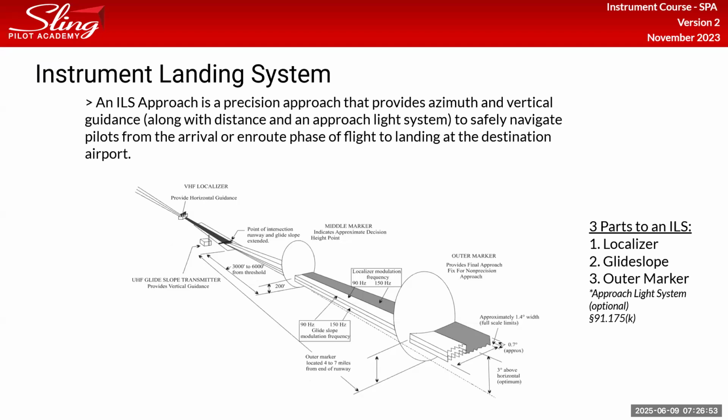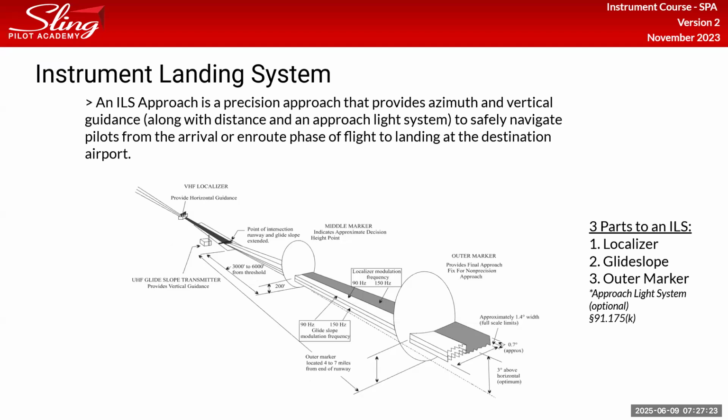So components of an ILS: you have your lateral guidance, which is the localizer. You have your vertical guidance, which is the glide slope. You have your range or distance, which will be the marker beacon. And then you have your visual, the approach lighting system, which according to 91.175 kilo is optional.